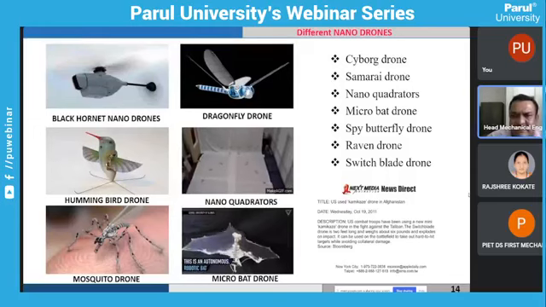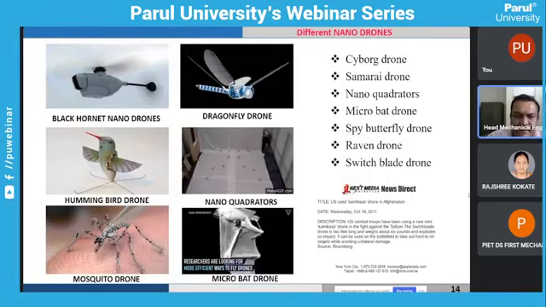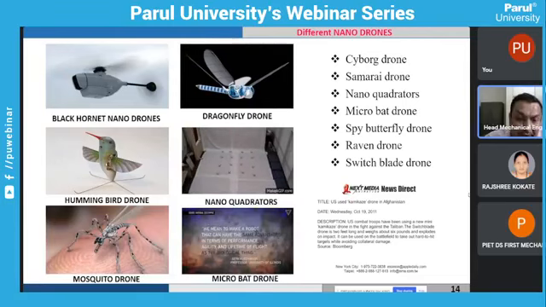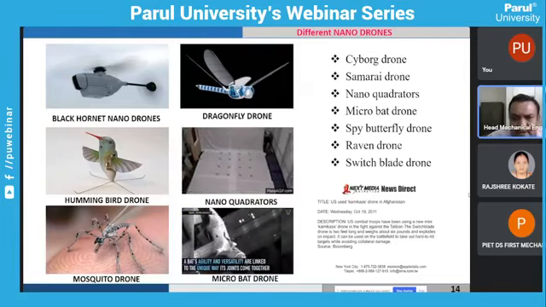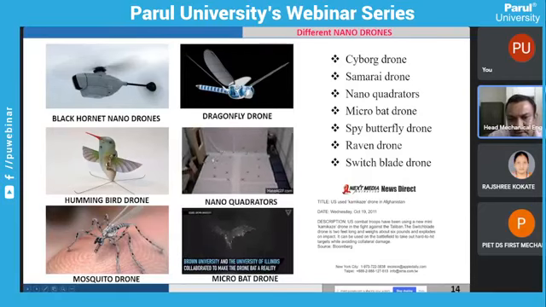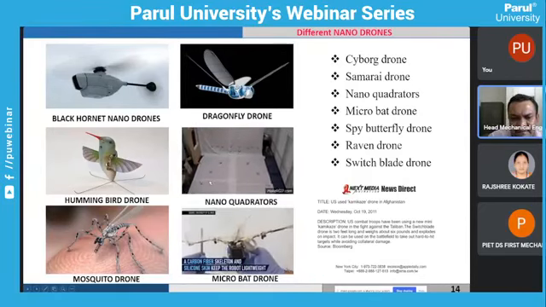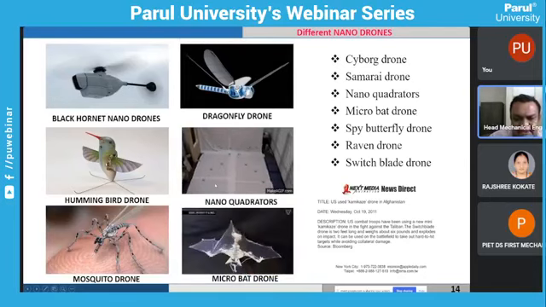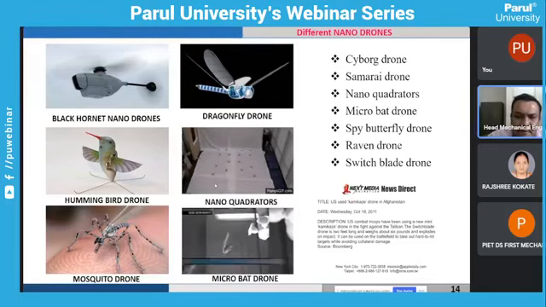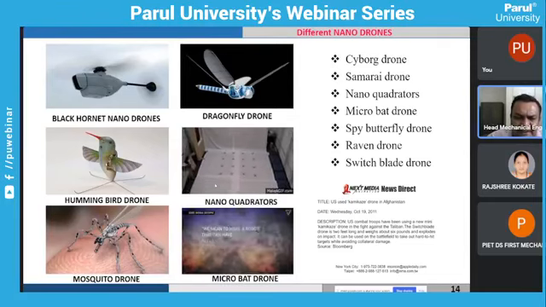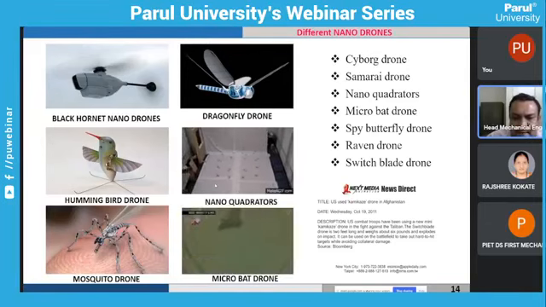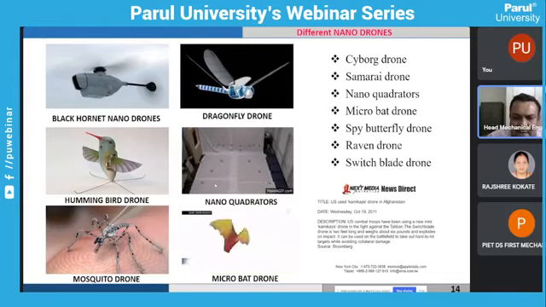Here in the figure you can see that in drones also there are different kinds, like black hornet nano drones. All these are different types of nano drones. Earlier it was the micro drone, now these are the nano drones, and in future, as you can see in the nano quadrotors, the weight may be very less, around 50 to 60 grams. It is possible that in warheads, from an airplane, lakhs of such nano quadrotors could be dropped into the enemy's territory, and whenever they hit anything, they will blast.